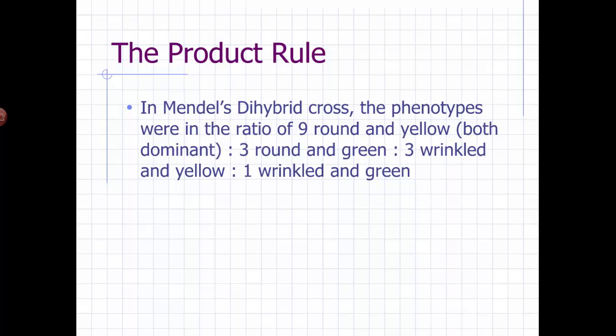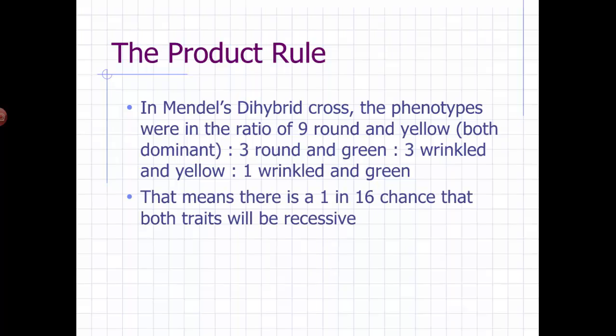Okay, so it's ratios, right? 9 out of 16 are both dominant, 3 out of 16 dominant for color but not dominant for seed wrinkling. Another 3 out of 16 would be the opposite way, not dominant for yellow, so they're green seeds, but round seeds. And then 1 out of every 16 plants should be both recessive. So there are some ratios there: 9 out of 16, 3 out of 16, 3 out of 16, and 1 out of 16.